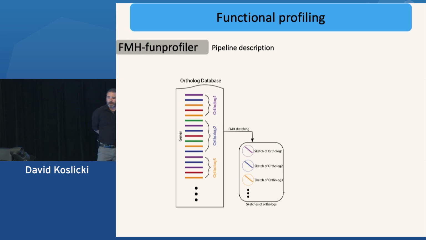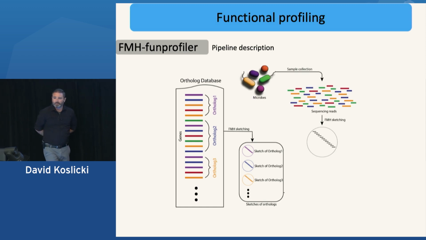So what's the pipeline of this FracMinHash-based functional profiler? That's a mouthful. Well, you take all these orthologs, here represented ortholog 1, 2, et cetera, and you sketch each ortholog individually and get those sketches.